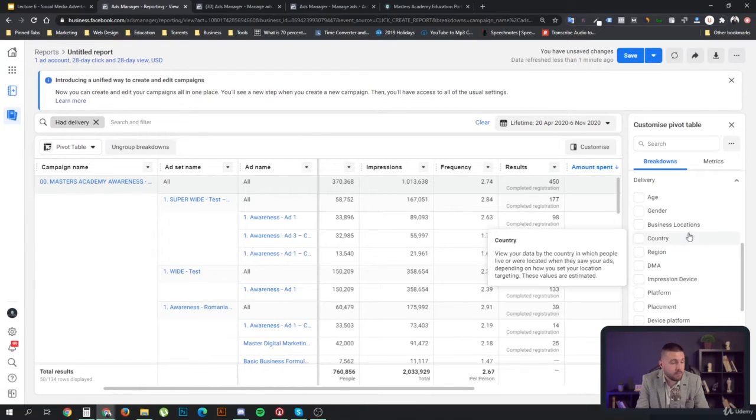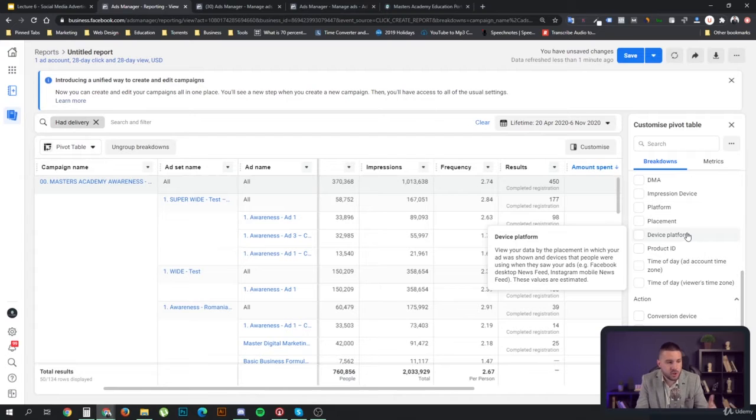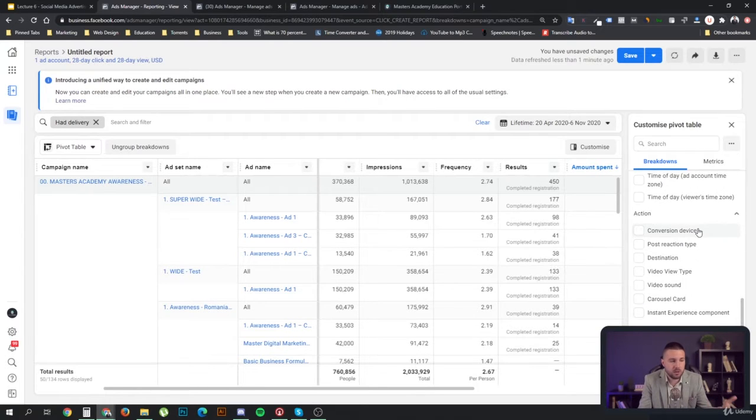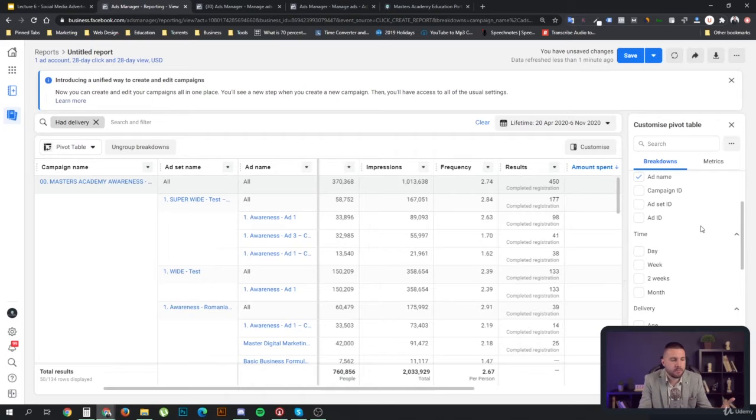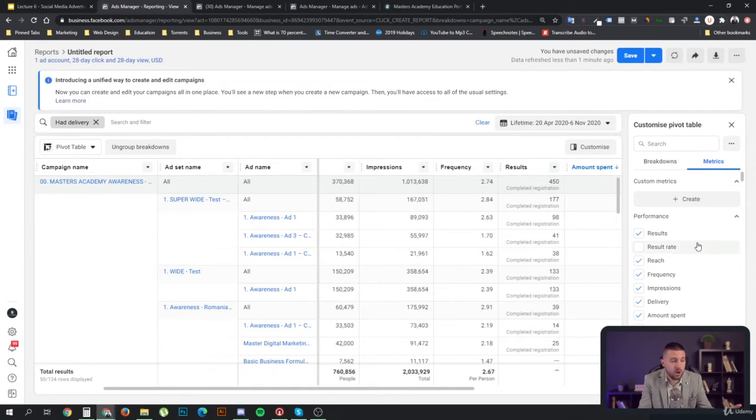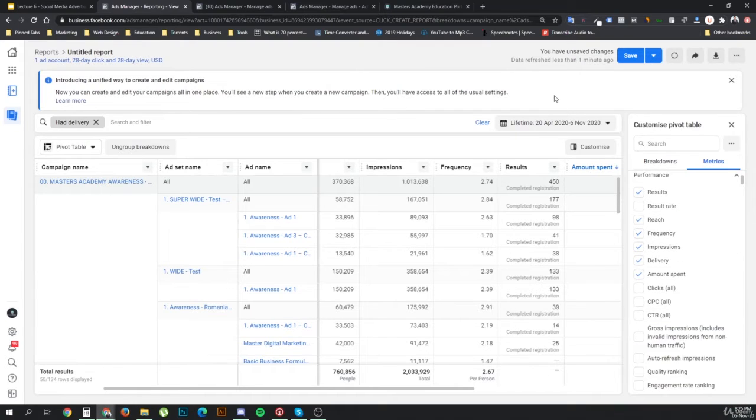Again, just like we did with the columns, you can add yourself the right metrics that you want. I'll hide myself, you don't really need to see me so much for this.